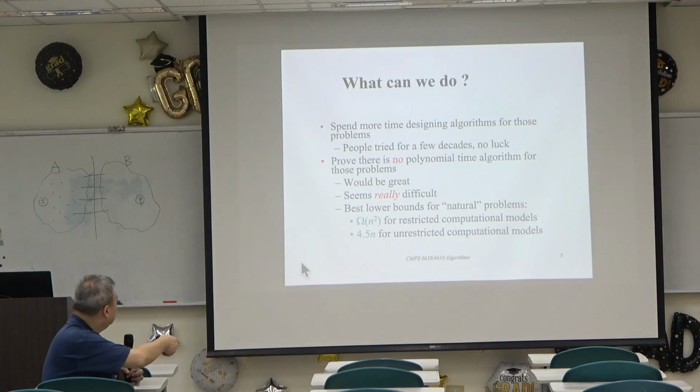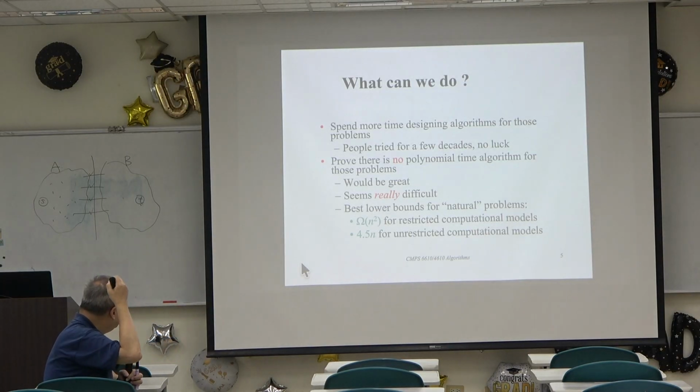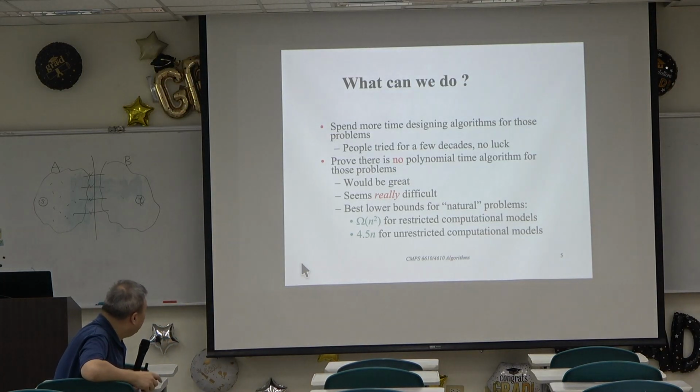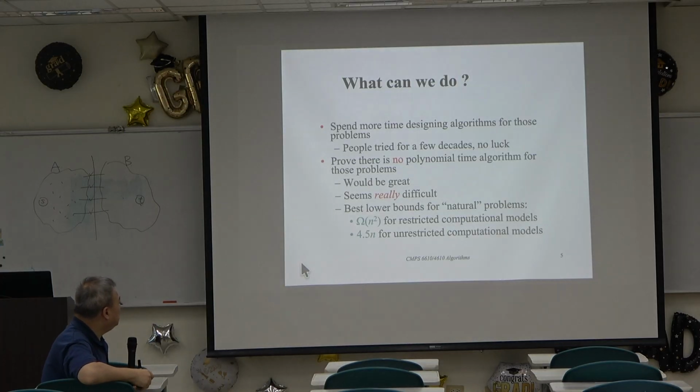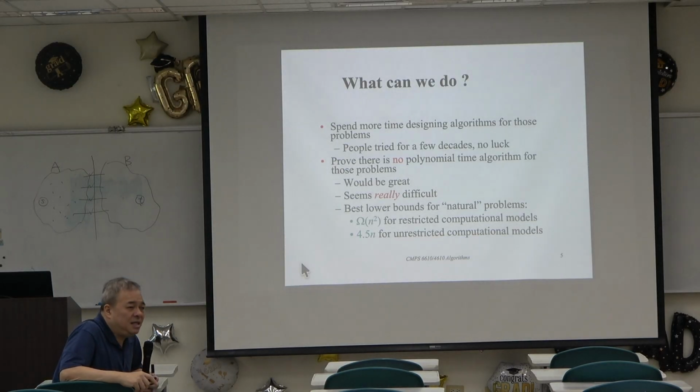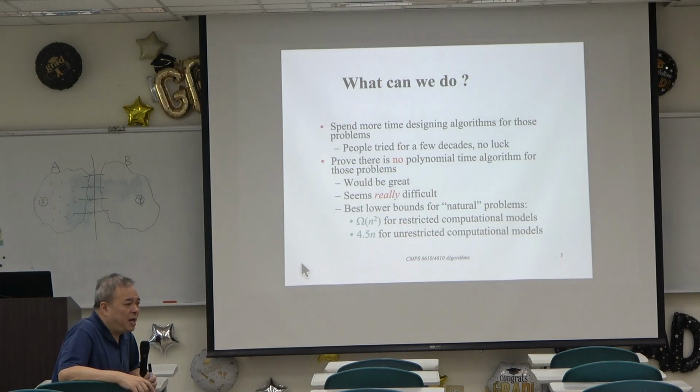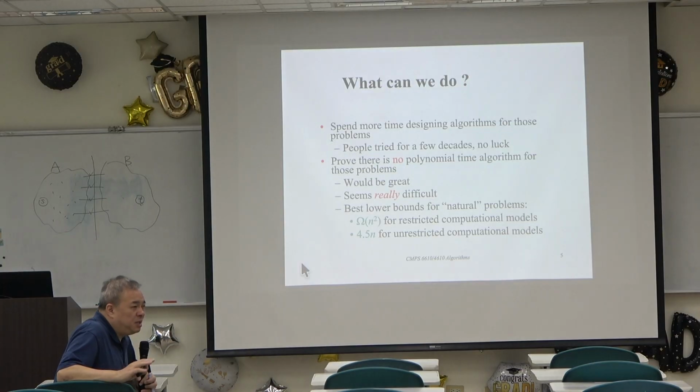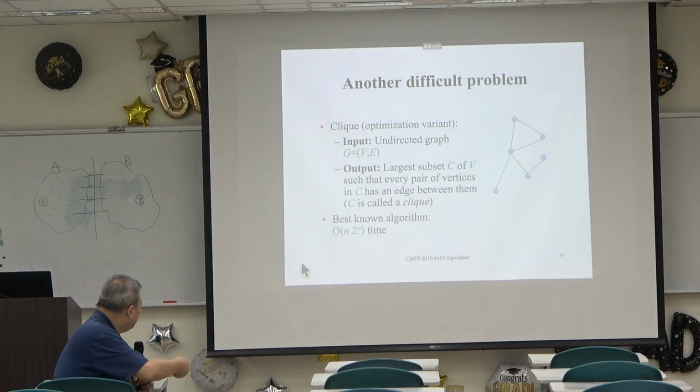The first option is you spend more time designing algorithms for those difficult problems. Obviously there are many smart people trying to do that. To be honest with you, for those difficult problems, you really don't need to make it polynomial.